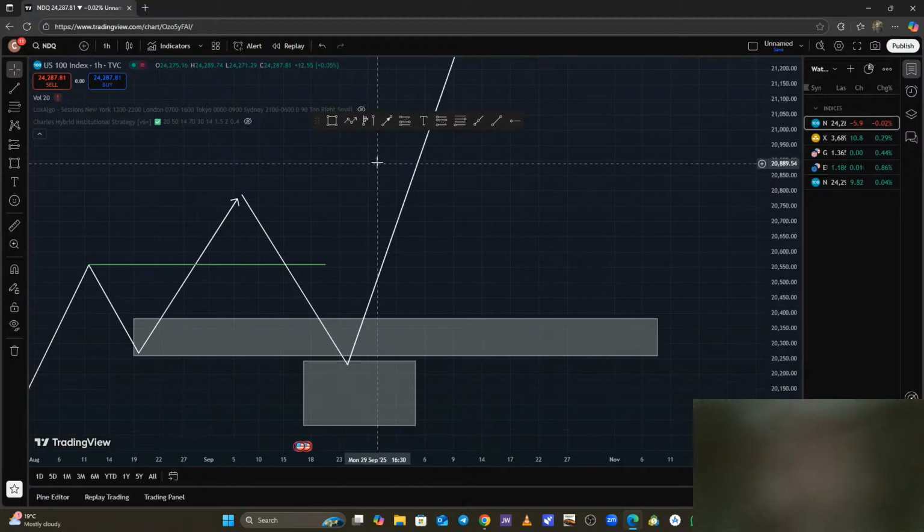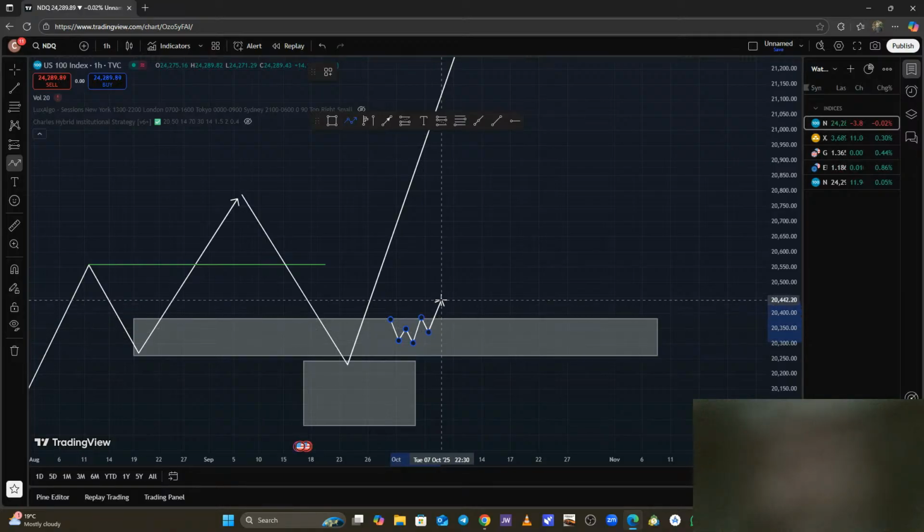Because price won't just come sharp and go up. Price will also create its own market structure inside this zone. Price will come back down, something like this, go up, come back down like this. Then market will break like that, come back down here, then now start going. Because this is how price moves. Price won't move in a straight line.